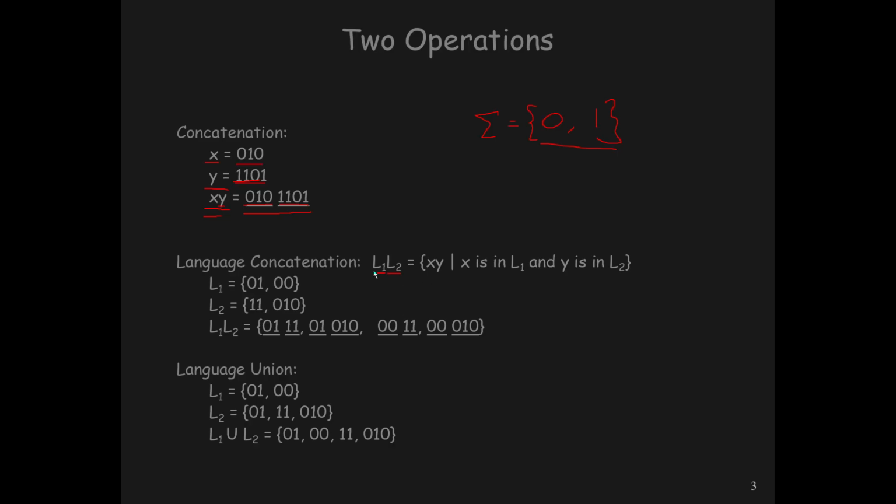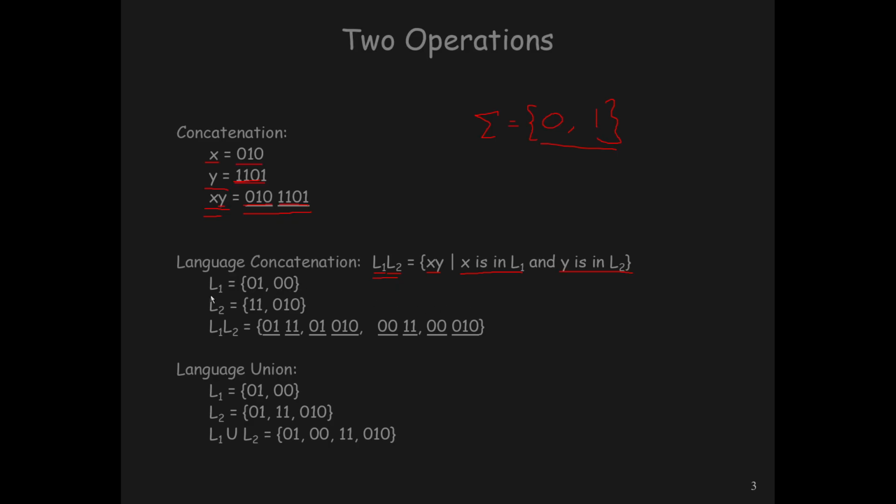Their concatenation, L1L2, is the set of all concatenations of strings XY, first X then Y, where X is in L1 and Y is in L2. That means you take a string from L1 and you concatenate it with a string from L2. And you do that for every possible combination of string from L1 and string from L2, okay?